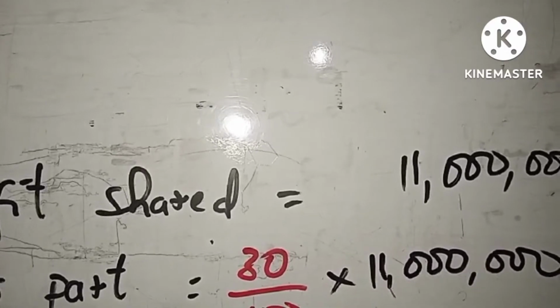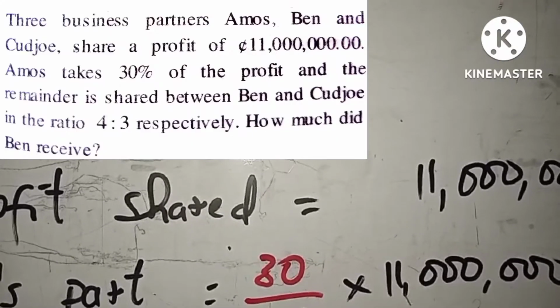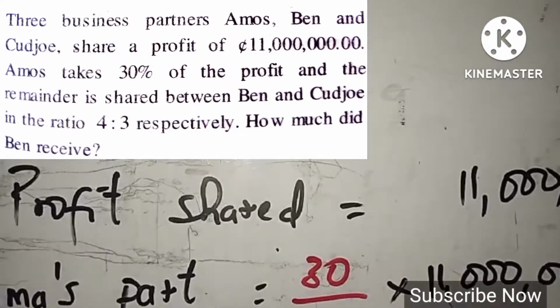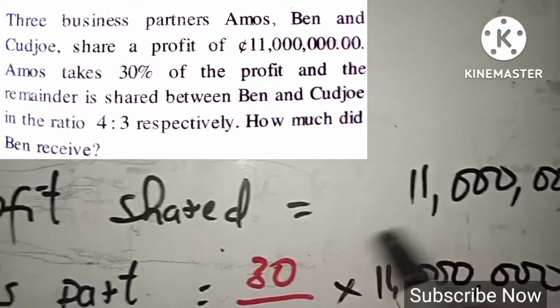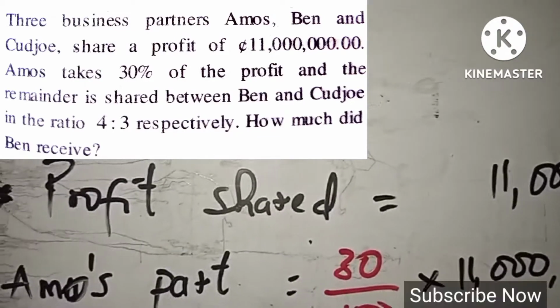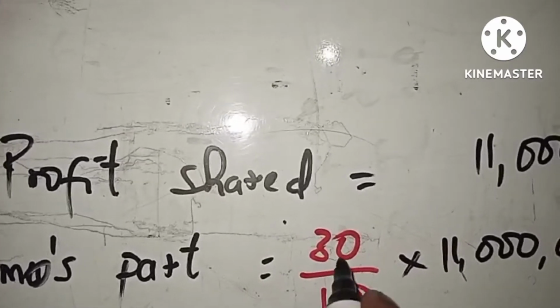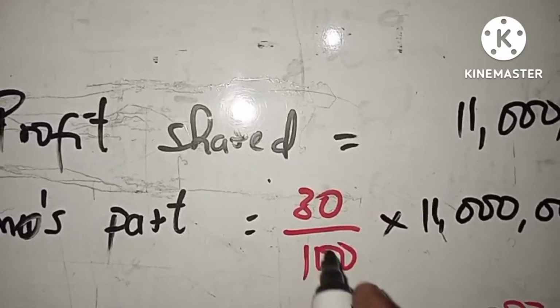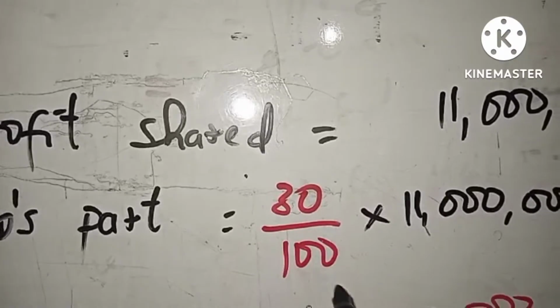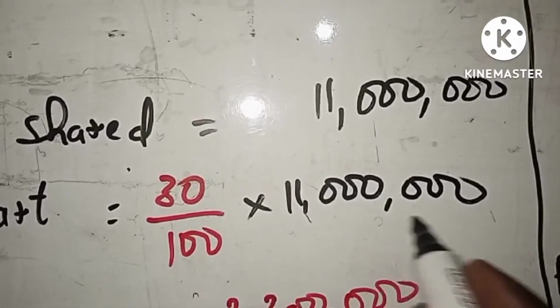The question also says that Amos takes 30% of the profit. So this is the total profit that they are sharing, and Amos's share is 30%. 30% means 30 over 100, of the total profit they've gained, which is 11,000.